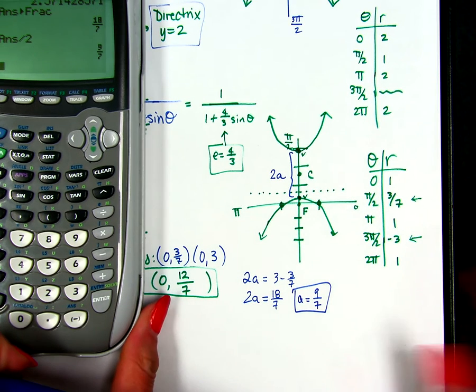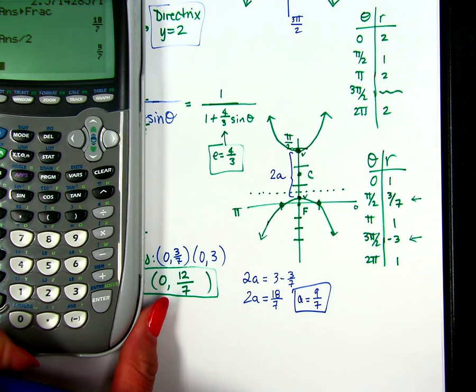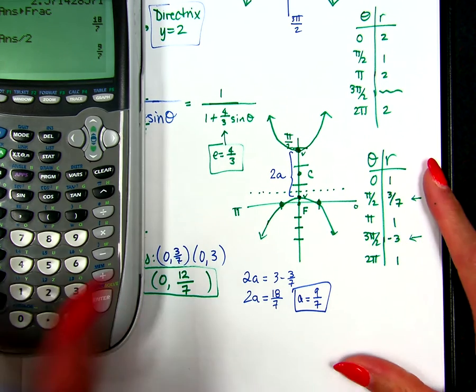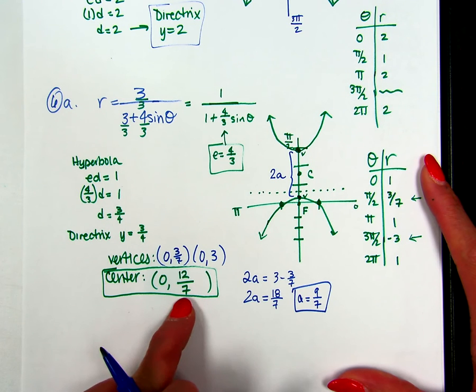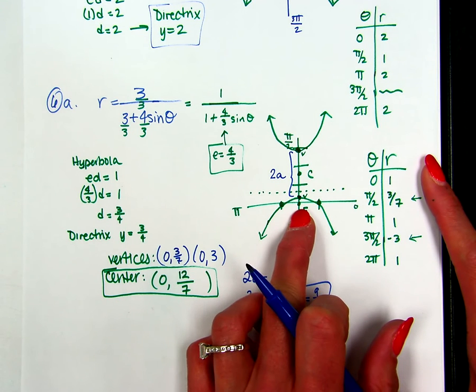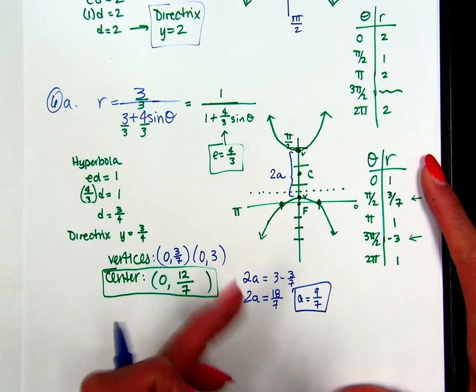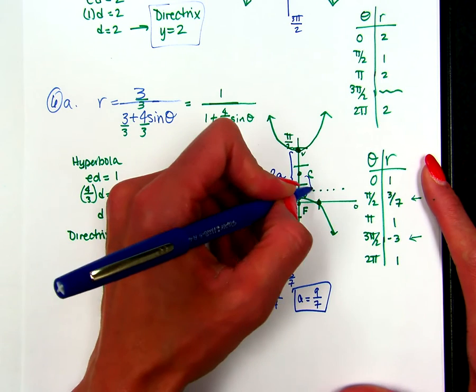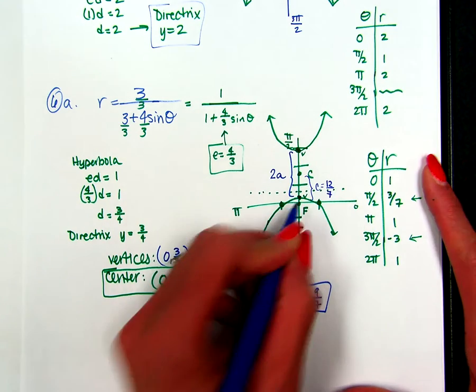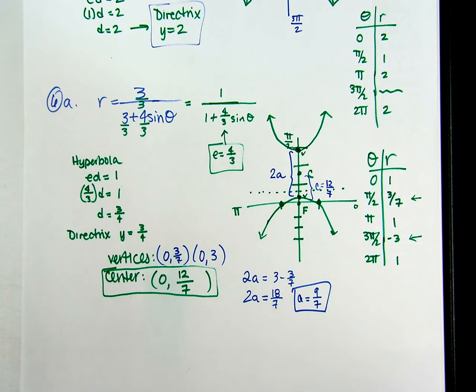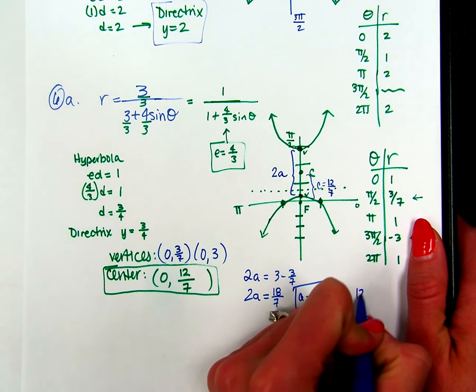C, if you remember about hyperbolas, is the distance from the center to the focal point. The center, we determined, is (0, 12/7). The focal point, one of them, is at (0, 0). So this distance is C, and that is 12/7. It's easy when the focus is at the origin, because you just subtract. So now we know C is equal to 12/7.